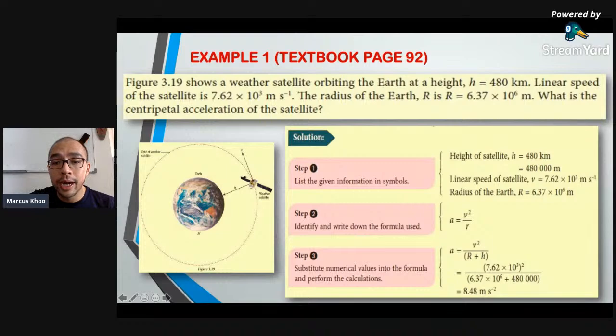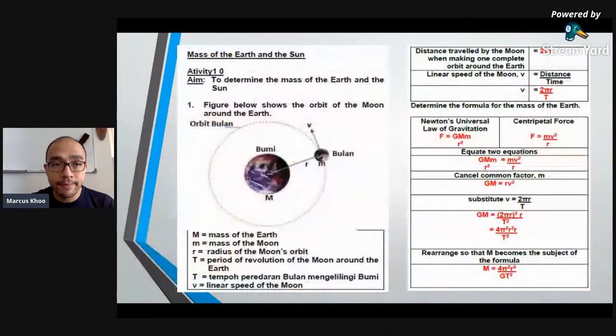To calculate the centripetal acceleration, v squared over r, v is given as 7.62 times 10 to the power of 3. The r, as I said, needs to be calculated: radius of the Earth plus the height. We've seen this before when we were calculating the gravitational acceleration. Just want to mention this once again.